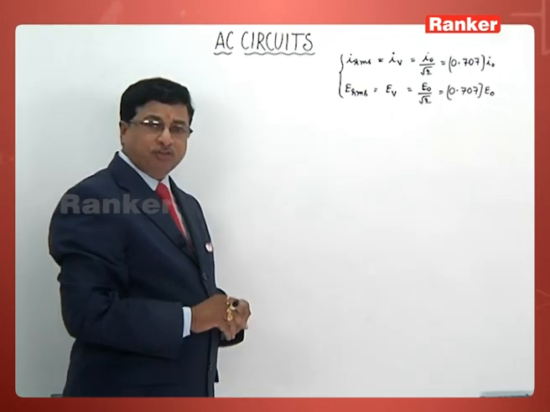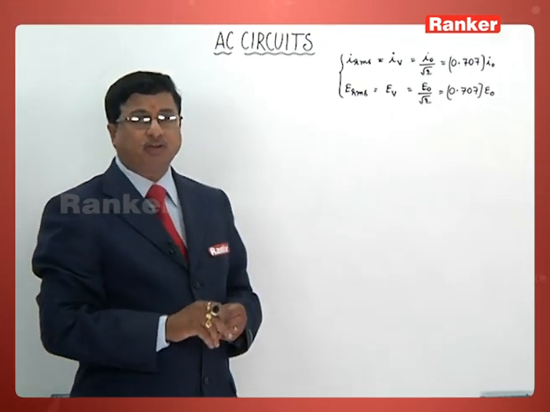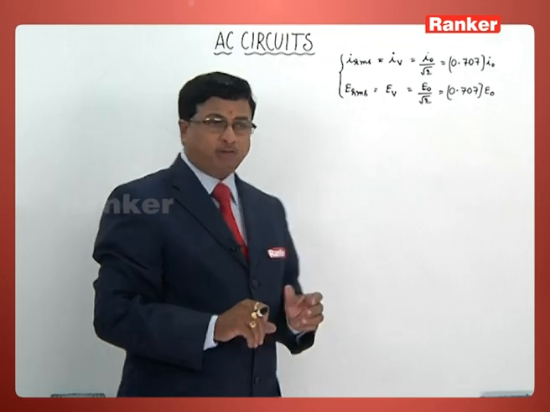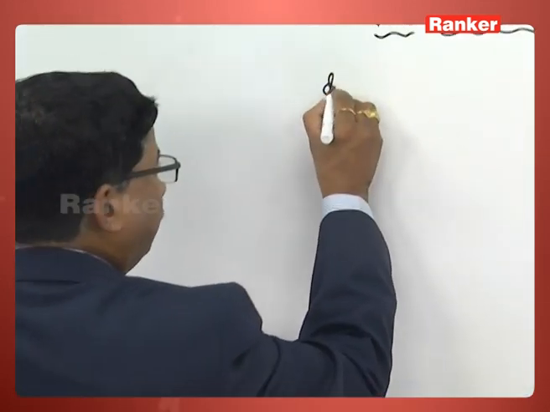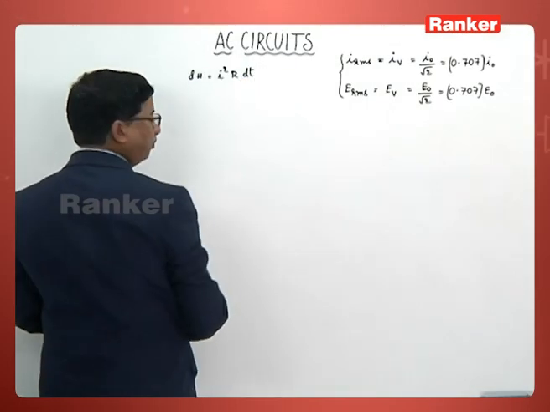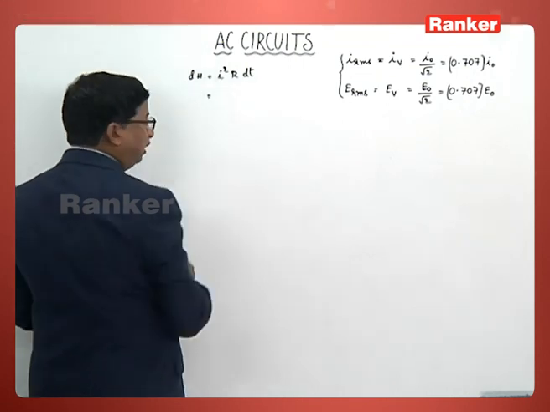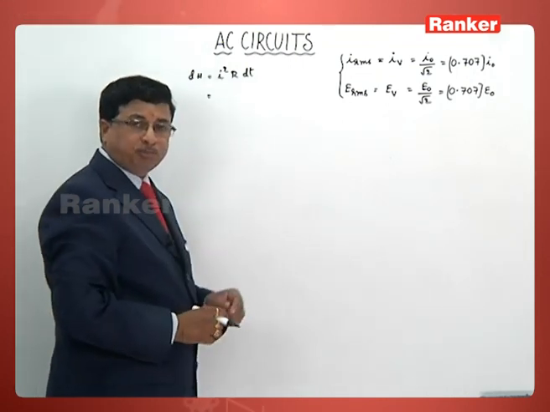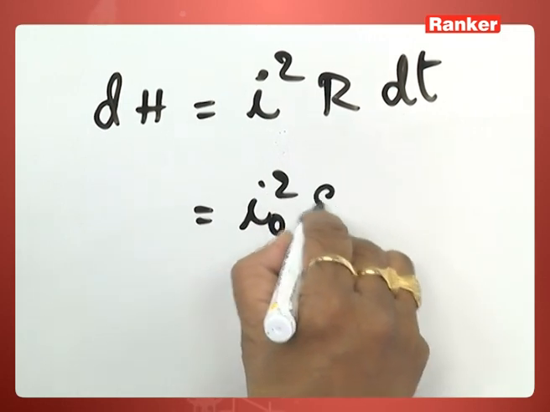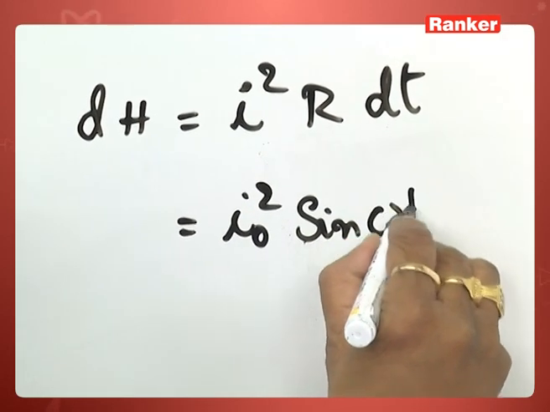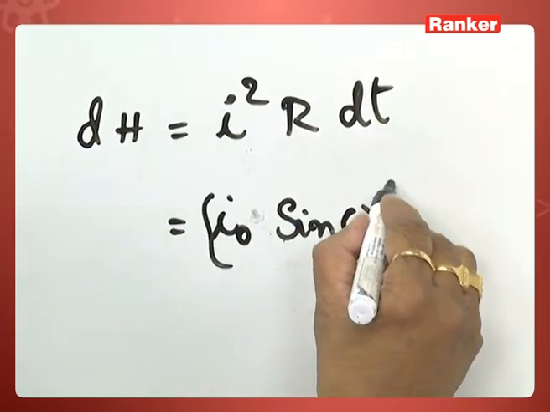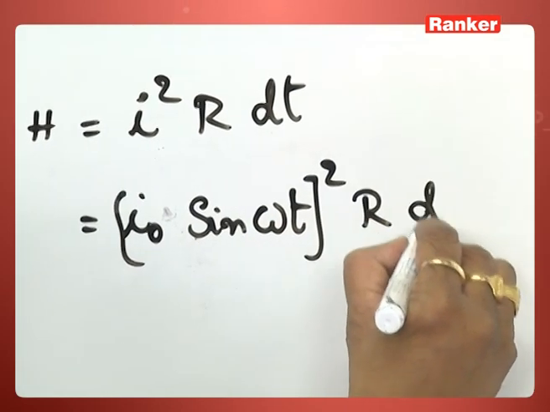To derive these equations, we consider the equation for heat energy produced across a resistance R. For example, dH is equal to I square R into dt. When we consider the value of I in terms of the peak value of alternating current, we can write dH as (I naught sin omega t) whole square into R into dt.